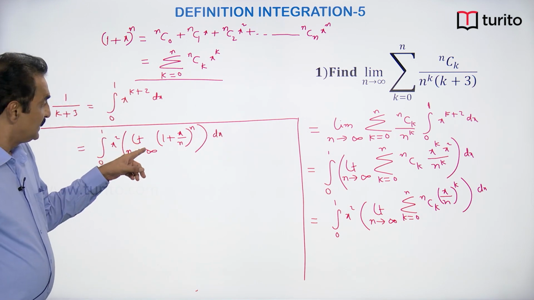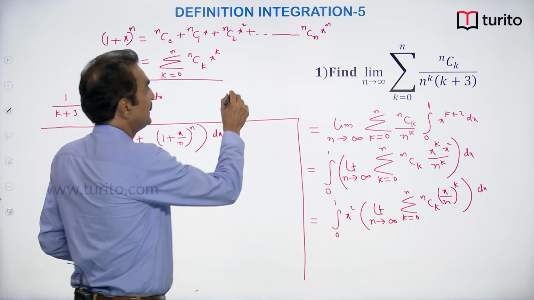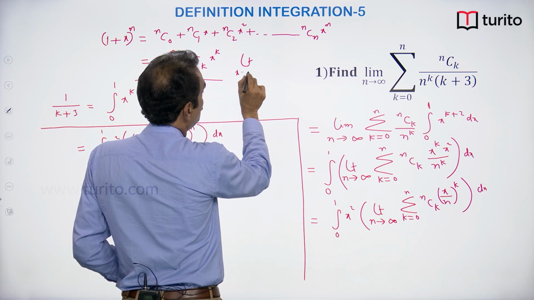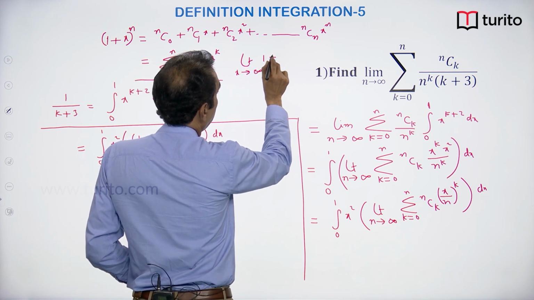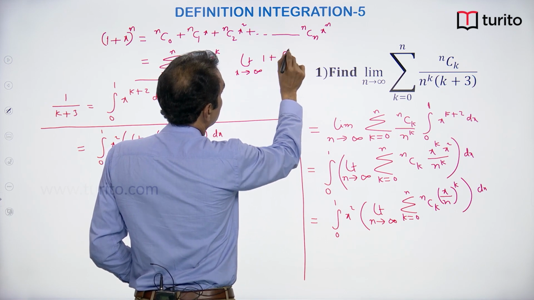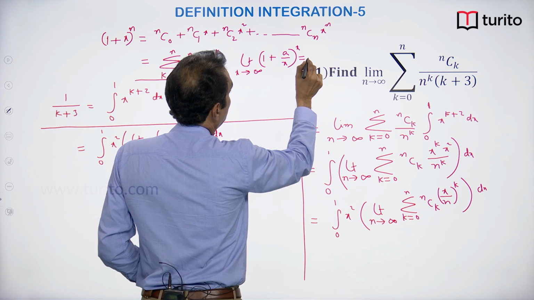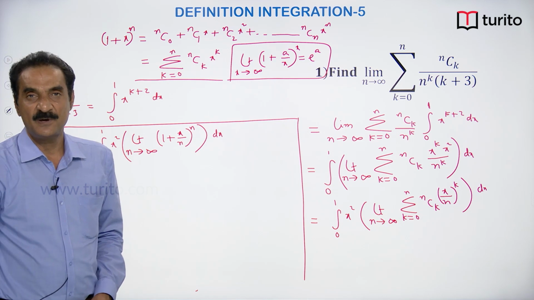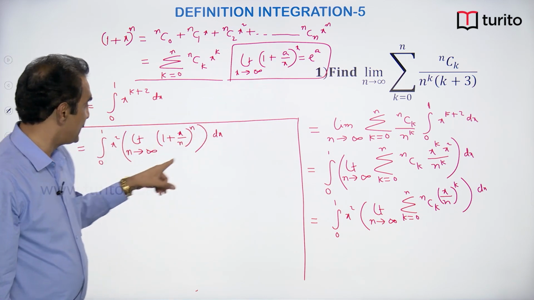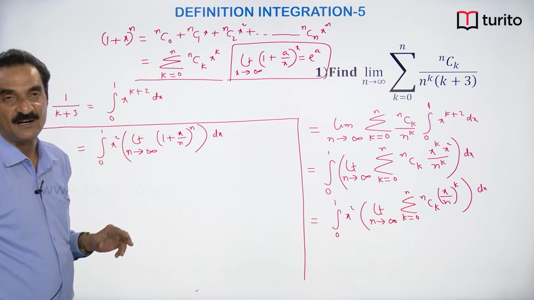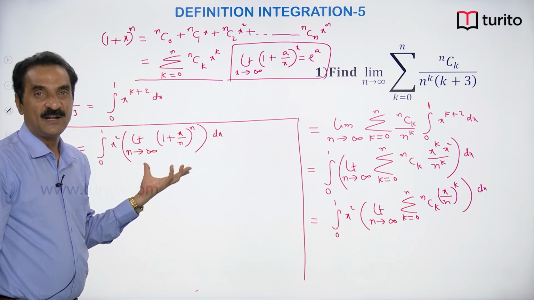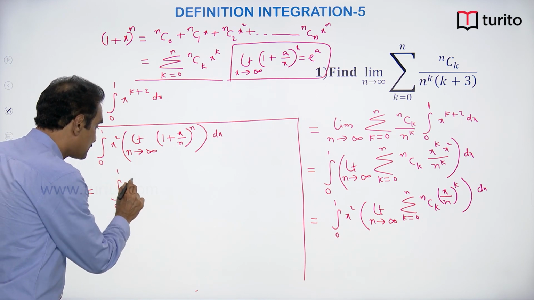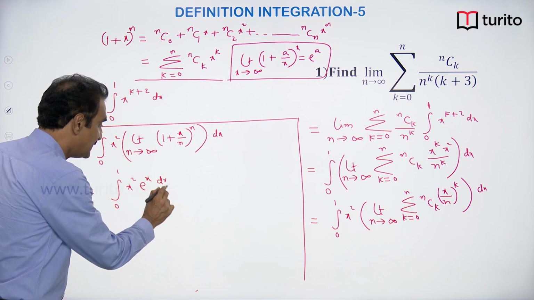Now, there is a standard limit: limit x tends to infinity, 1 plus a by x whole power x is equal to e power a. This is a standard limit. All of you must be aware. So, in place of x we have n here, in place of a we have x here. So, what is this limit? e power x. So, this is equal to integral 0 to 1 x square into e power x dx.